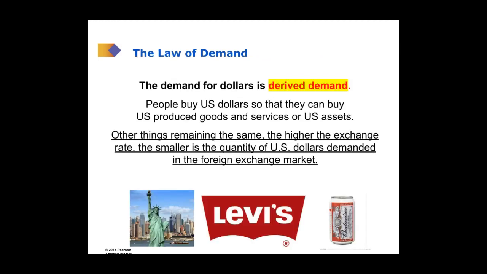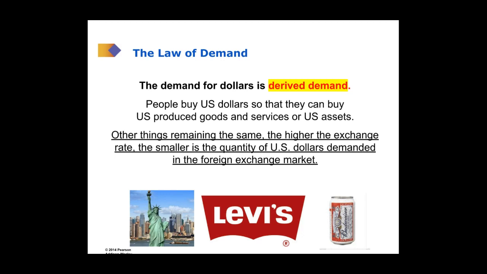Now, the law of demand applies to currency, but the demand for currencies is derived demand. We don't necessarily demand the currency in and of itself. We demand the products, the goods and services that the currency enables us to buy. So people buy US dollars so they can buy US produced goods and services or US assets.